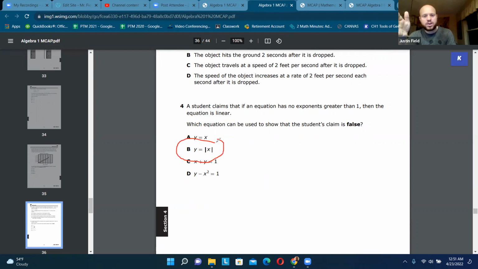There's no exponent greater than 1, but we know from Algebra 1 class that the shape of the absolute value, even though it's technically called linear absolute value, is not a straight line. It's actually shaped like a V, or a V upside down, but it's not linear.